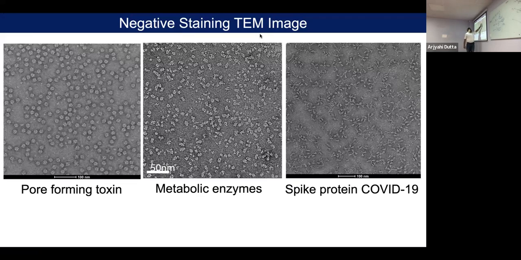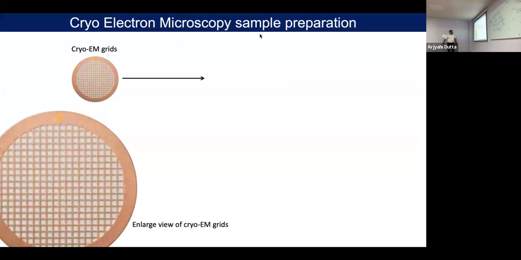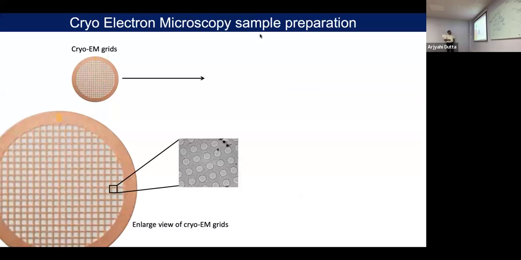Okay, and then there is some SARS-CoV-2 spike protein we also characterized in our lab. Now you can see the cryo-EM sample preparation. You have a cryo-EM grid, and this is the enlarged view. As I mentioned, in cryo-EM, with the same carbon-coated grid, you can see that hole.